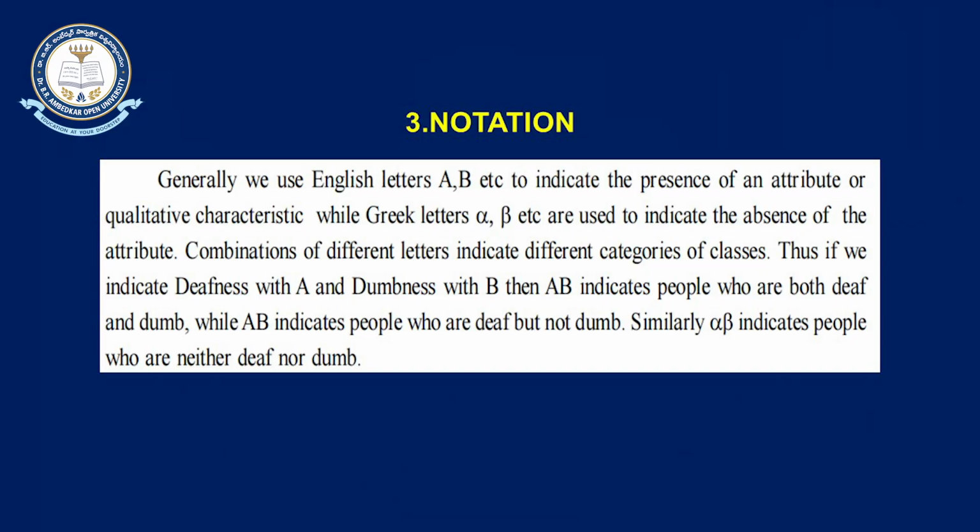For example, deaf is A and dumb is B; AB indicates people who are both deaf and dumb, A beta indicates people who are deaf but not dumb, and alpha beta indicates people who are neither deaf nor dumb. These are the notations we can use here.